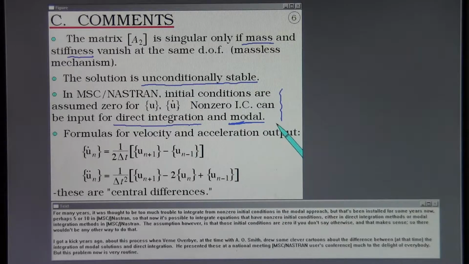The assumption, however, is that those initial conditions are zero if you don't say otherwise. And that makes sense. So there wouldn't be any other way to do that.